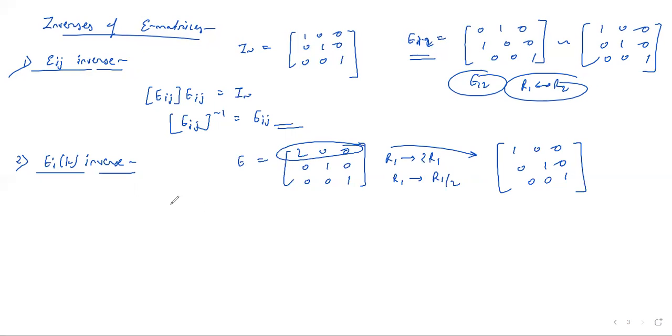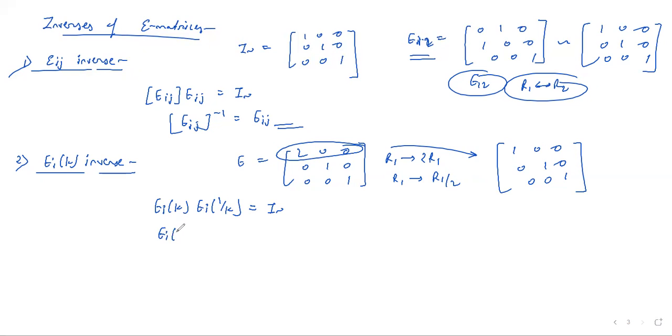So what we have done here is that we have Eik, and when we apply Ei(1/k), we get our identity matrix. Now you can multiply this elementary matrix Ei(1/k) in post multiplication, and we can also pre-multiply it.